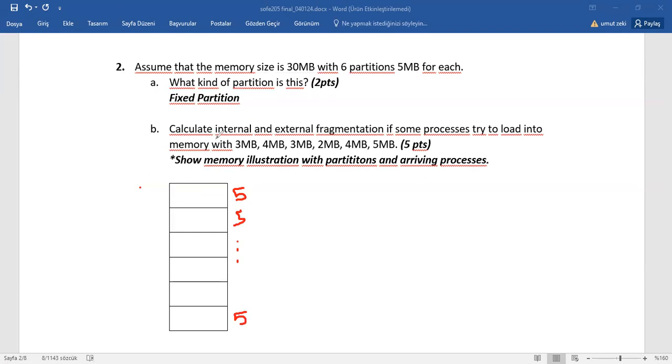Then it says calculate internal and external fragmentation if some processes try to load into the memory with 3 megabytes, 4 megabytes, 3 megabytes, 2, 4, and 5 megabytes. So these processes are coming to the memory.